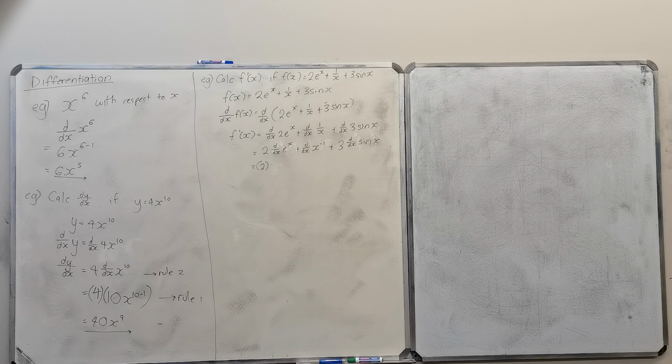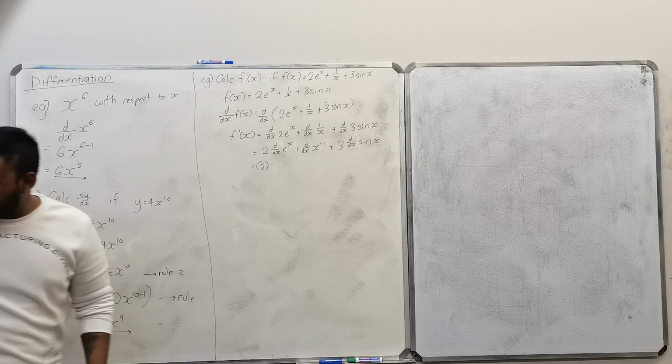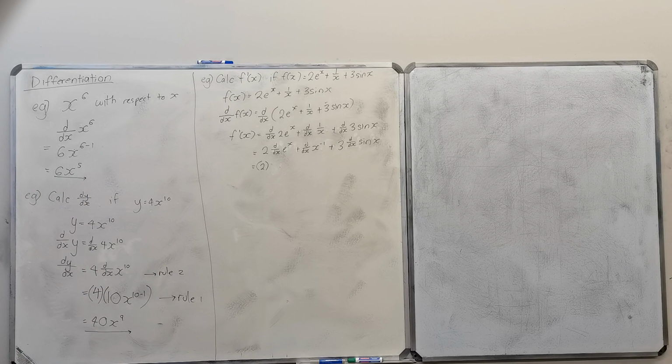The reason is that the derivative of e to the power x is e to the power x. That's why they don't show you the ones like number 3, 4, 5, because those are either equal to their own number, equal to 1, or equal to 0.